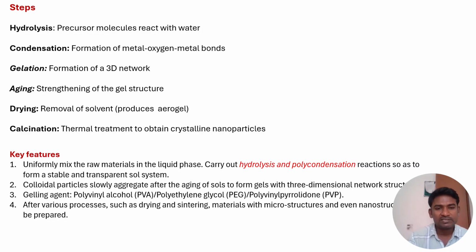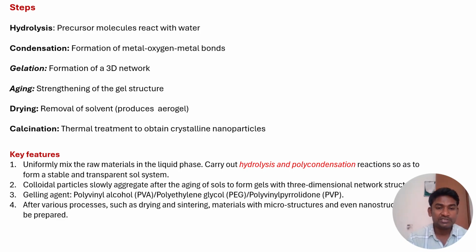Now let us quickly understand the key features. Here, the uniformly mixed raw material in the liquid phase is very important. And carrying out the hydrolysis and polycondensation reaction is inevitable so as to form a stable and transparent sol system. Colloidal particles slowly aggregate after the aging of the sol to form the gel with a three-dimensional network structure.